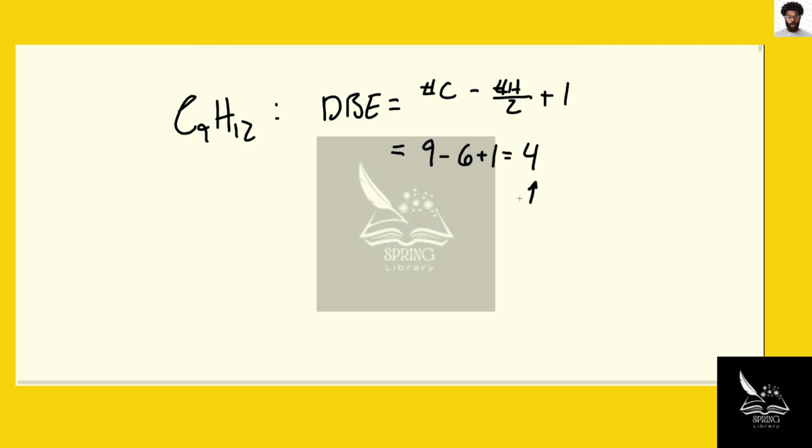We're told that we have 4 double bond equivalencies, which means that if we count up the number of double bonds and/or rings in our starting material, we're going to get 4. And when I see 4 double bond equivalencies, the first thing I typically think of is benzene.